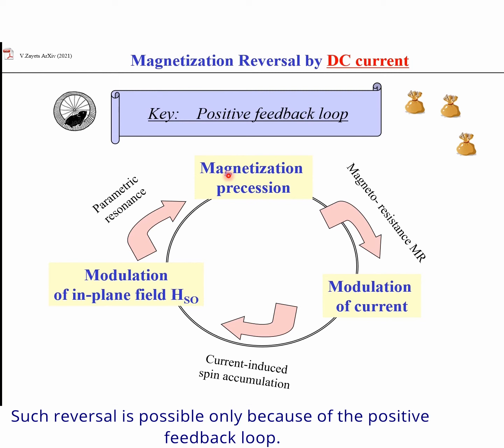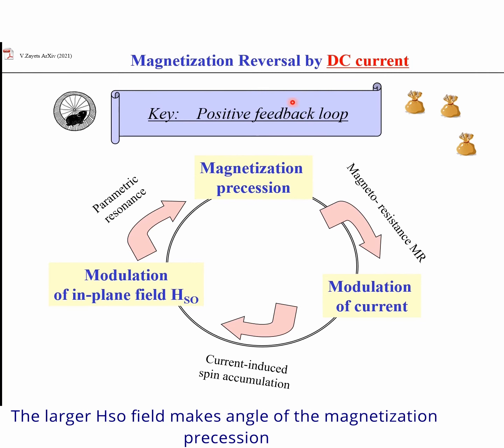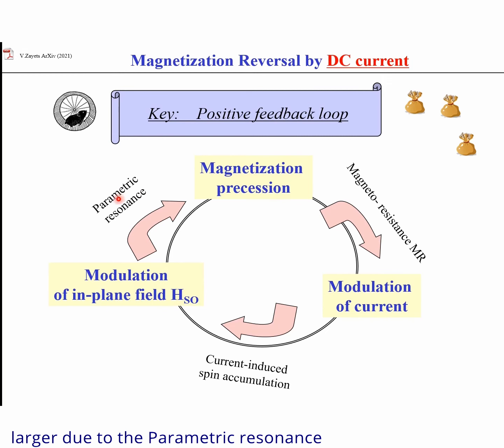This slide explains the mechanism of parametric magnetization reversal by a constant DC electrical current. Such reversal is possible only because of a positive feedback loop. The larger STO field makes the angle of magnetization precession larger due to parametric resonance. The larger precession makes a larger modulation of electrical current due to the magnetoresistance effect.